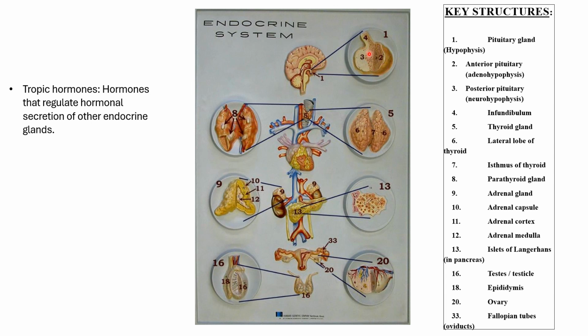And this number 3 is known as neurohypophysis because it is actually an extension of the nervous system, and it is not a true gland. The hormones it secretes are actually synthesized in the hypothalamus.